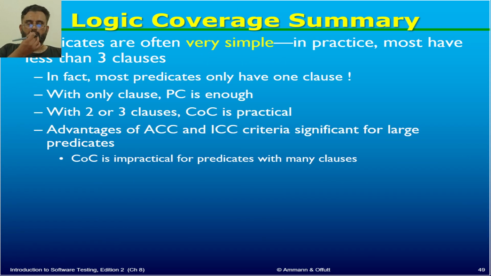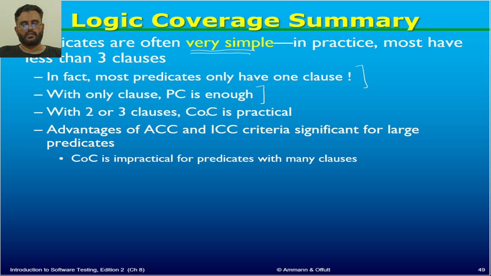So this concludes our discussion on logic coverage. We have seen that predicates are often very simple. We discussed a study which gave the result that about 90% of predicates have around 3 clauses, and in fact most predicates have only 1 clause, and with only one clause in a predicate, predicate coverage is enough.